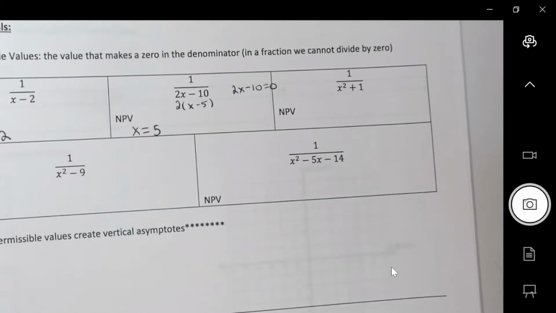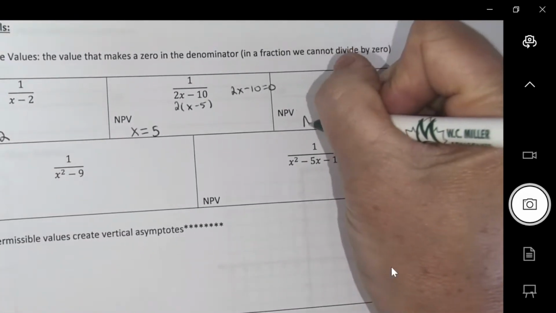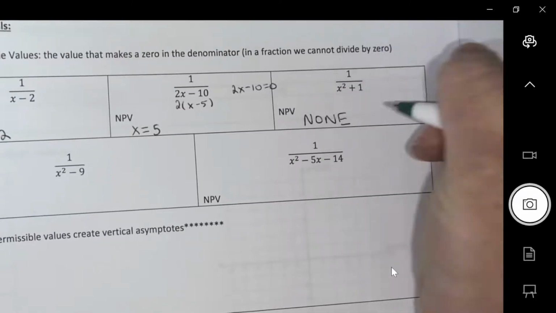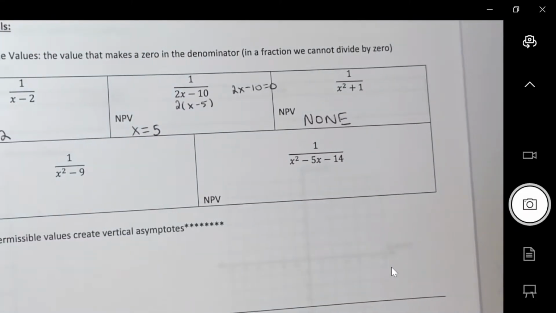What else are we thinking about? 0? 0 squared is 0, 0 plus 1 makes my bottom 1, that's allowed. Negative 1? Negative 1 squared is 1, 1 plus 1 is 2, that's all good. What are we getting at? There's none. They all work.